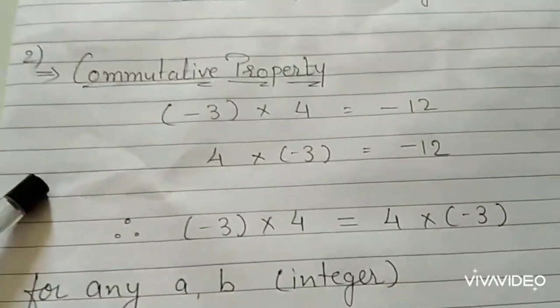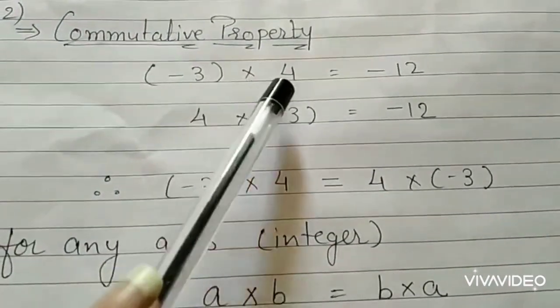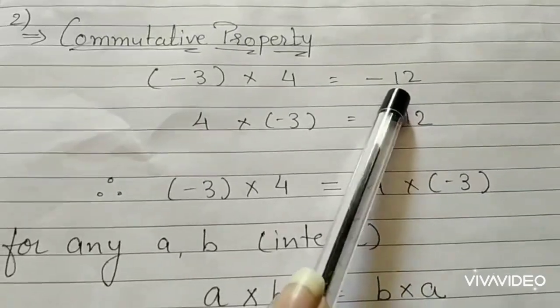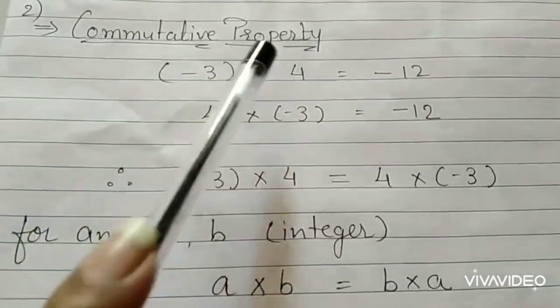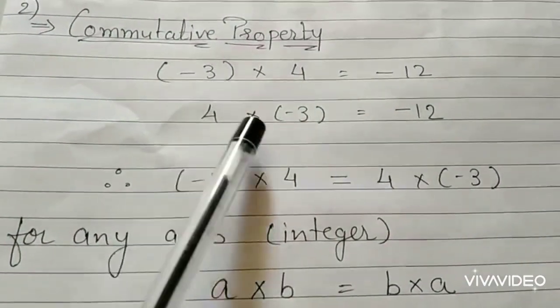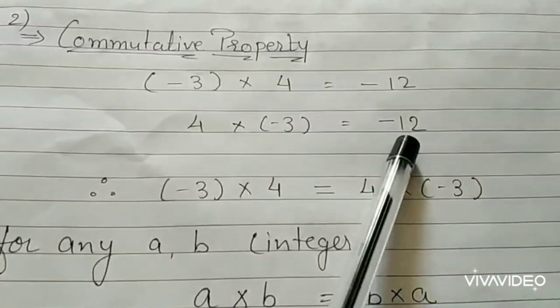Another one is the commutative property. Minus 3 multiplied by 4 is minus 12. Now we are shuffling the order. 4 multiplied by minus 3 is minus 12.